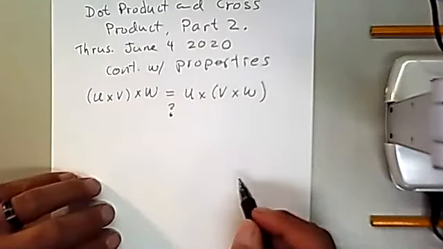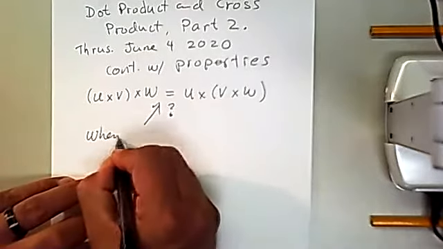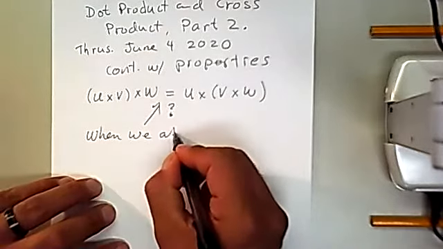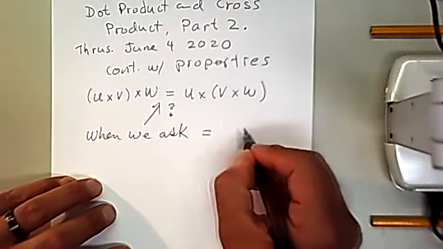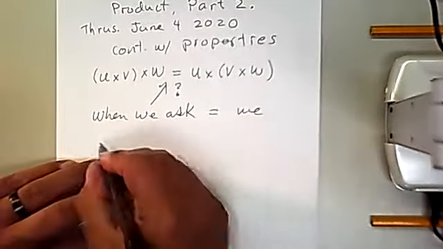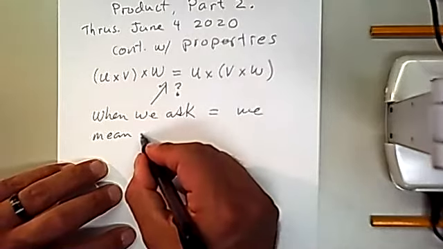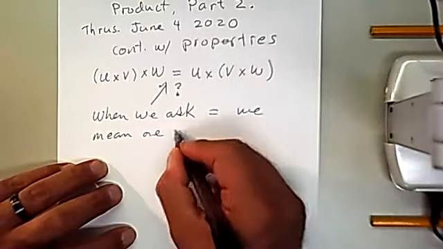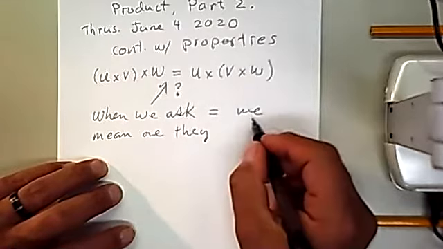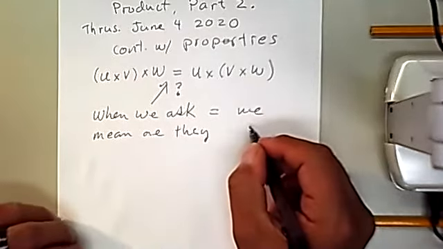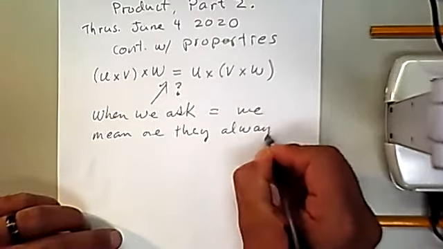So whenever we ask this question of equality, we mean, are they, and by they I mean the two sides of the proposed equation, always equal?